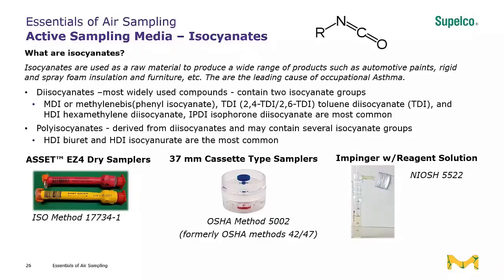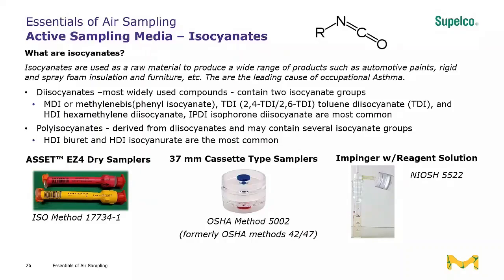And then there are polyisocyanates, which are derived from diisocyanates and contain several isocyanate groups. Polyisocyanates are much larger than diisocyanates. The most commonly occurring polyisocyanates are known as HDI biuret and HDI isocyanurate.